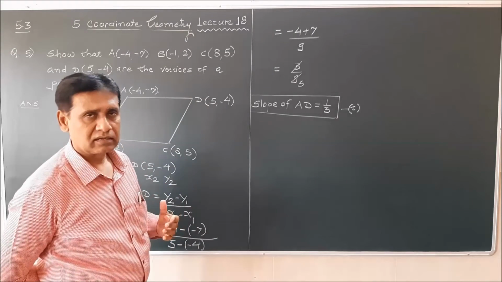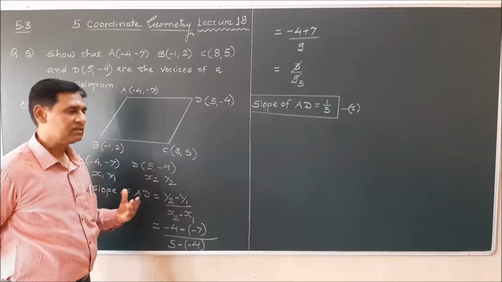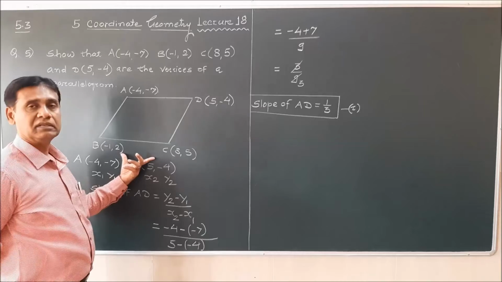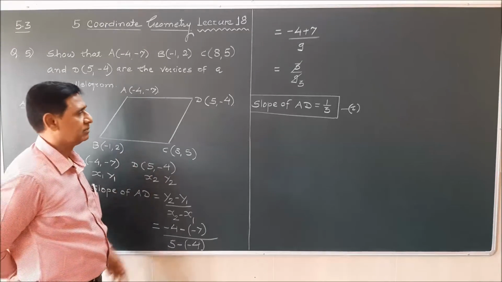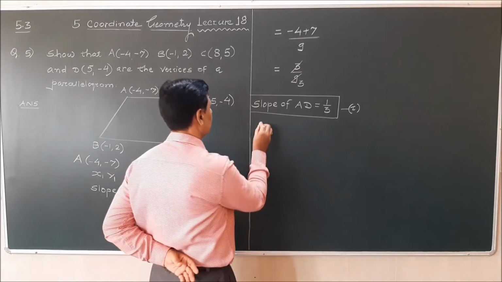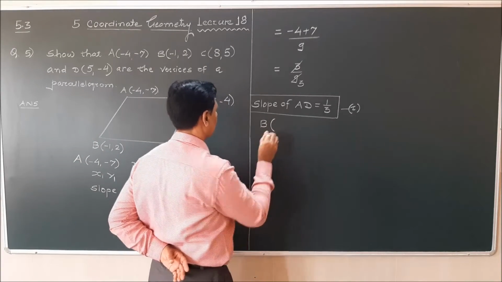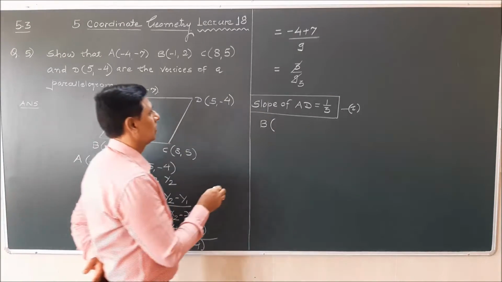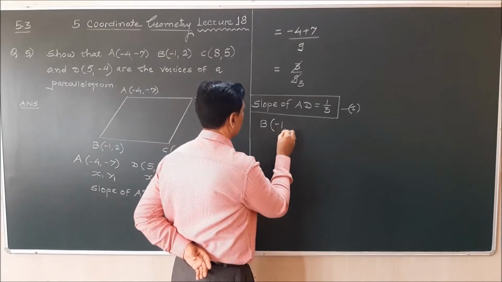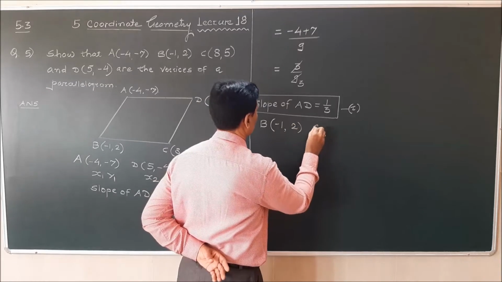In the same manner, the side opposite to AD is BC. Now I am going to find out slope of BC. Coordinates of B are -1, 2.